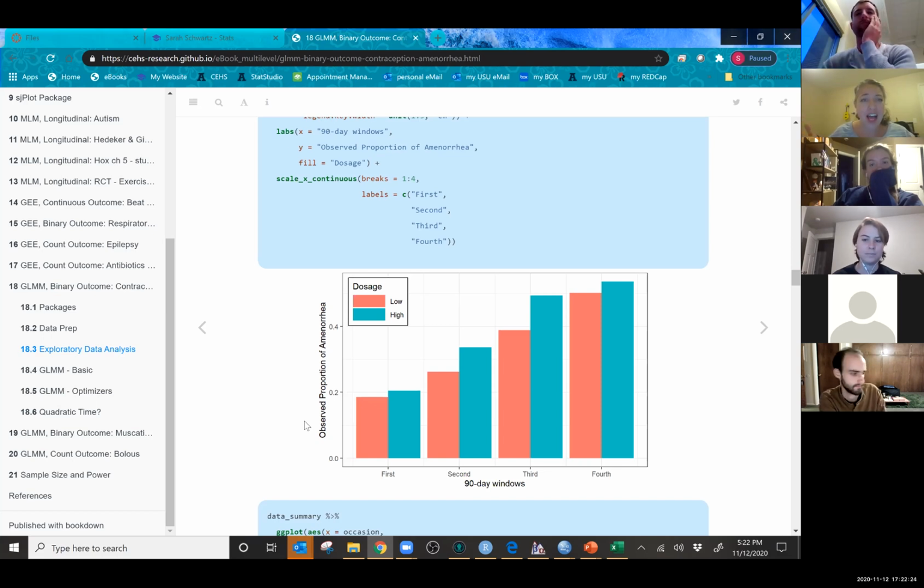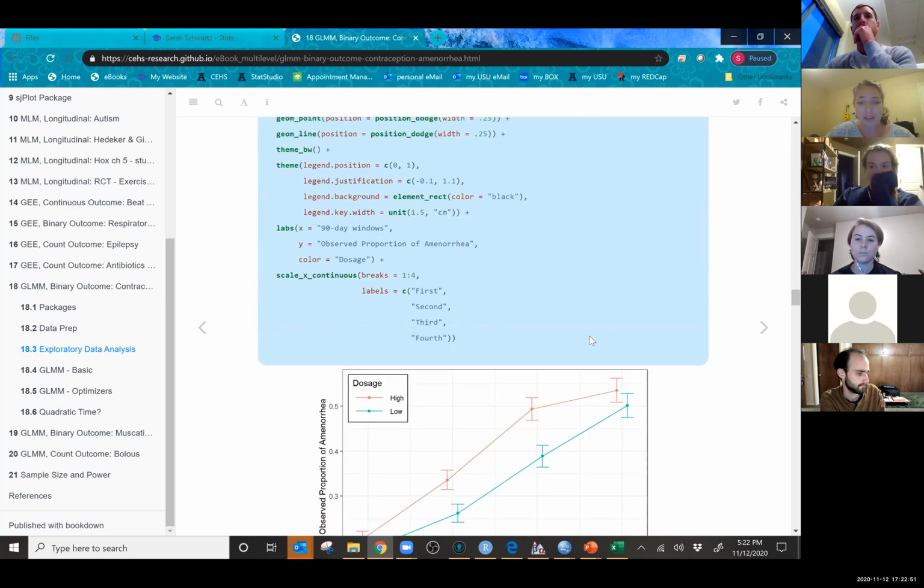High dose. High dose experiences the outcome more, but is it constantly more, or does that gap widen or shrink over time? It's hard to tell here. That's what we want to address. It's also hard to address here because the sample size is changing. At the first time point, we have over 1,000 women, but by the end, we have substantially fewer. And so we want to control for that.